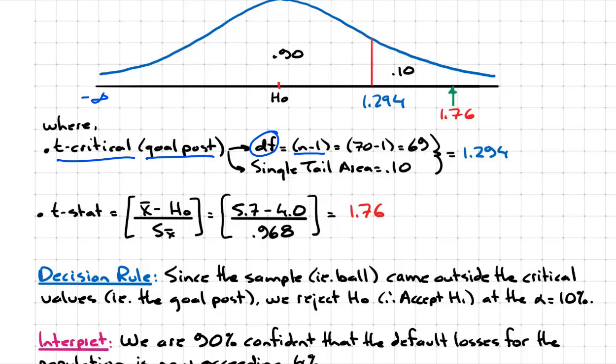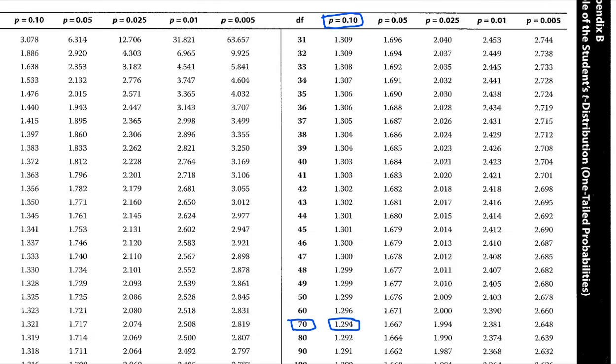So I'm going to take you to the t-table very quickly, and we're going to look for this degree of freedom and this one-tail probability, and the table will tell us how far we need to deviate away from the null. So here we are with the t-table, and you can see that we have to specify the area for one tail, and at the same time the degree of freedom.